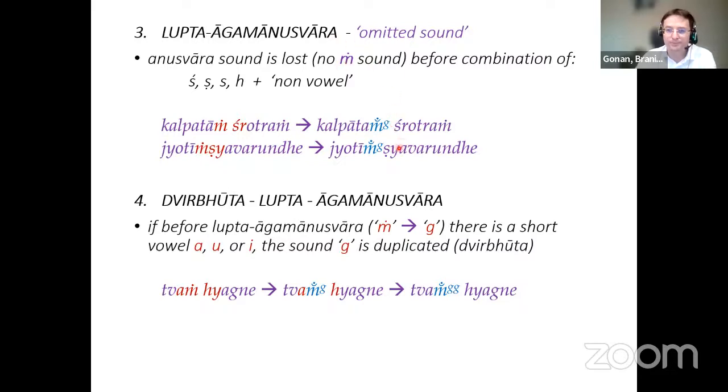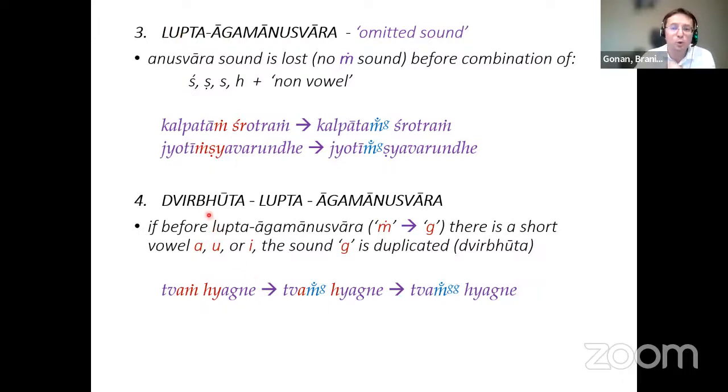Kalpatag shrotram. Jyotim shyavarundhe, jyotig shyavarundhe, right? The same thing. So we need to have this combination of those letters following with the non-vowel, r, and in this case s or y, right? So this m sound is omitted. We only have agamanusvara, but the m sound is lupta, or omitted.